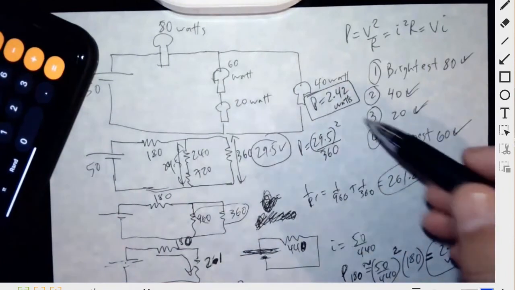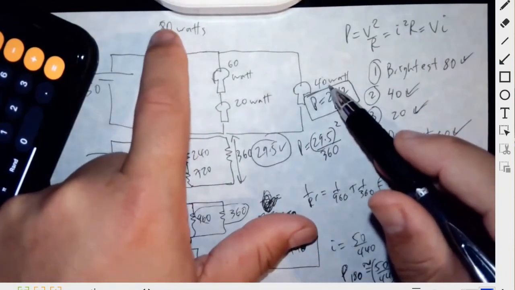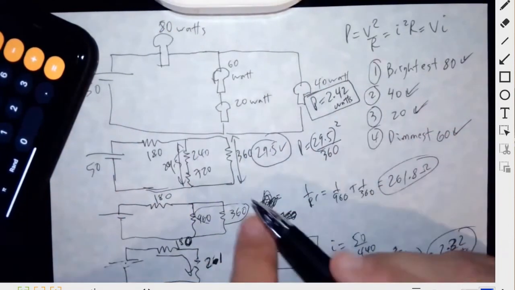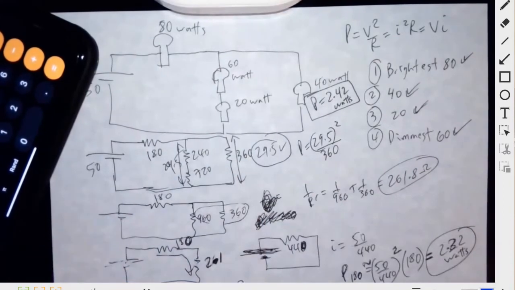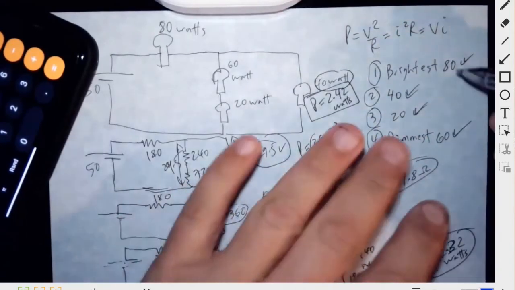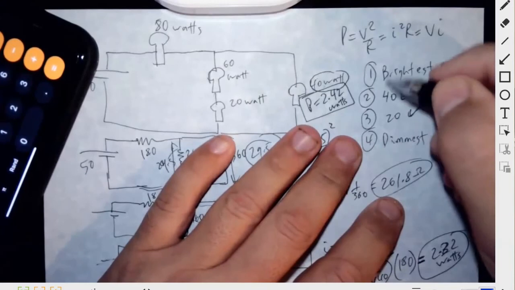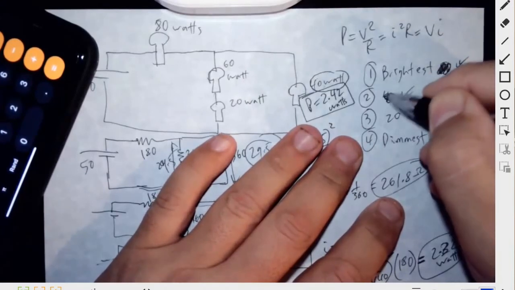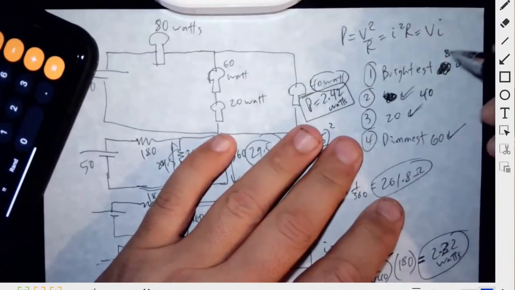Even though 40 had less current than 80, the resistance of the 40 is more. So this guy won by just a little bit. So the answer was 4080.